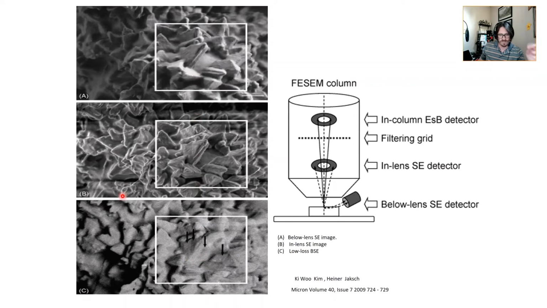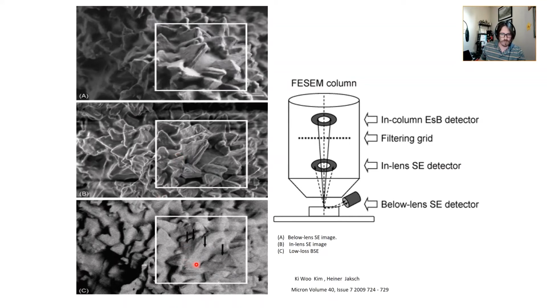Okay, and this is the argument I get into with people. So I can tell you from the secondary image that this part of the specimen is recessed. Okay, so this is analogous to the hole I was talking about. I argue with people all the time. You can't see holes with an SEM. Well, yeah, you can, but you have to know what signal you're looking at to determine if it's a hole or not.